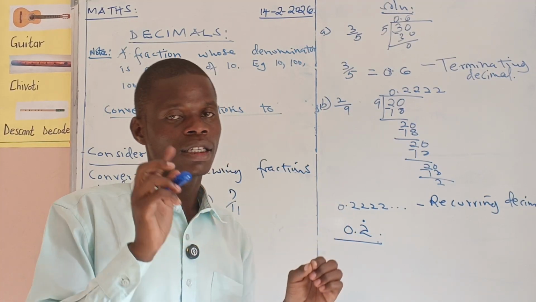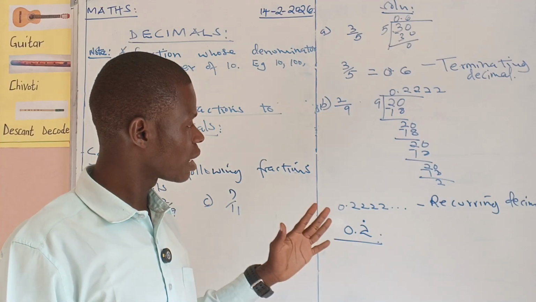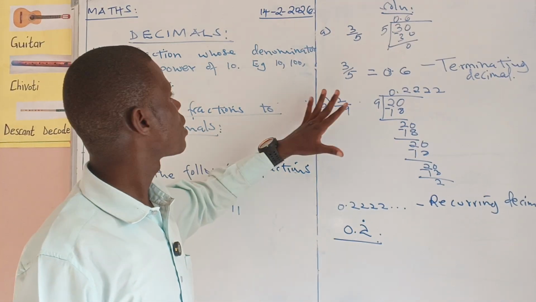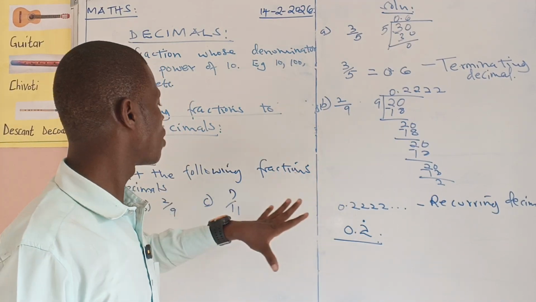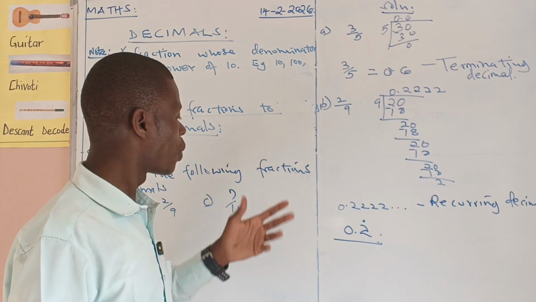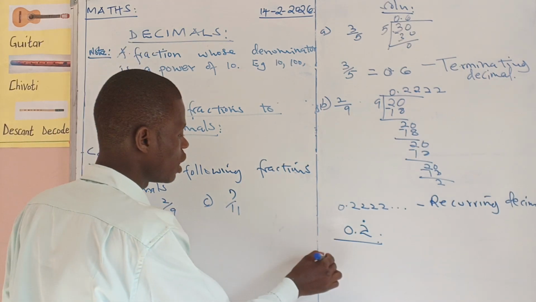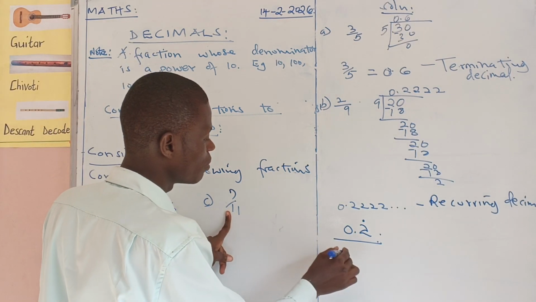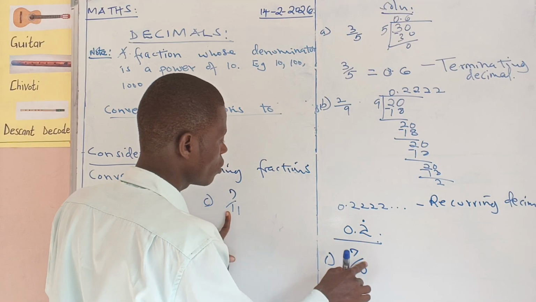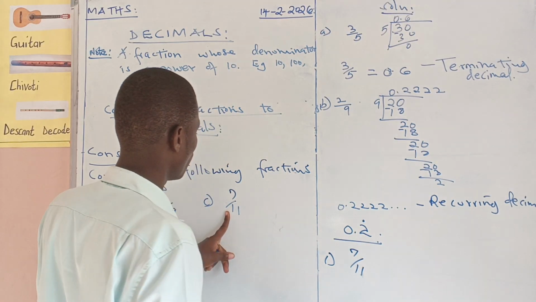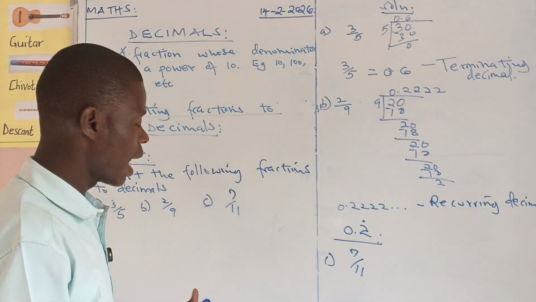Take the numerator, divide by the denominator, get the answer. As simple as that. We don't want to waste time, and we have a lot of things to do. So please convert for me this one, 7 over 11, as a decimal.